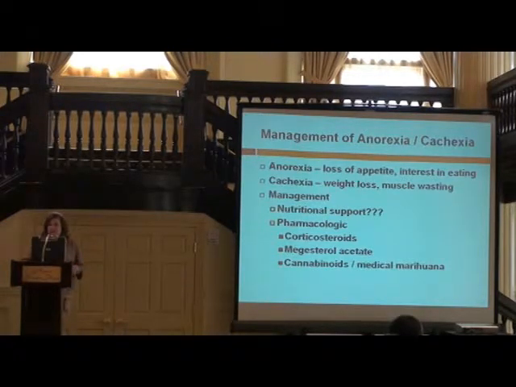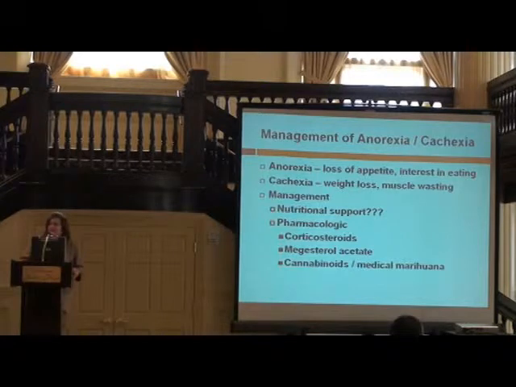Now, one of the questions that we more recently get is about the medical marijuana that's now available legally in the state of Michigan, and the use of cannabinoids such as dronabinol. The medical marijuana data is very limited. I don't think there is any smoked marijuana data in anorexia and cachexia, but certainly there is some literature with dronabinol in AIDS patients.